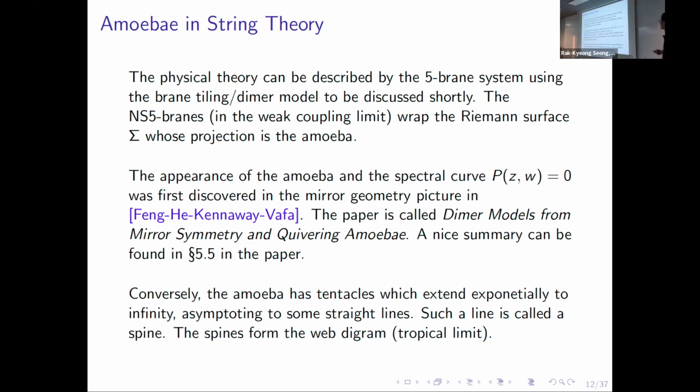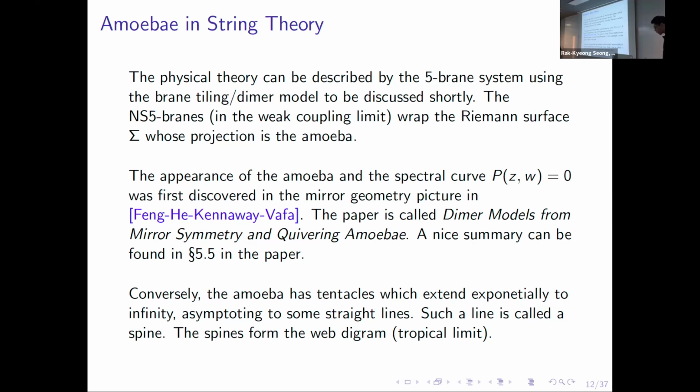For more details, this amoeba story and its connection to gauge theories was first discovered in the mirror geometry picture in this paper. I'm just showing the title of that paper, which is called Dimer Models from Mirror Symmetry and Quivering Amoebae. So you can see how creative people can be when naming things regarding amoeba. But a nice summary can be found in section 5.5 in that paper, where the authors discuss the connections of these different concepts.